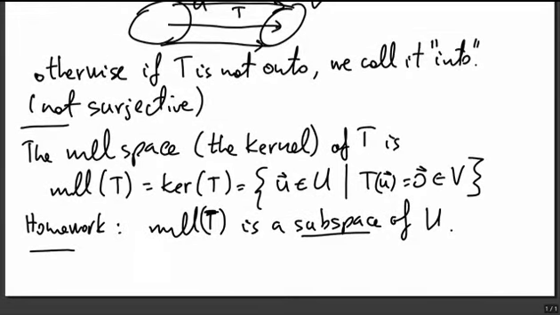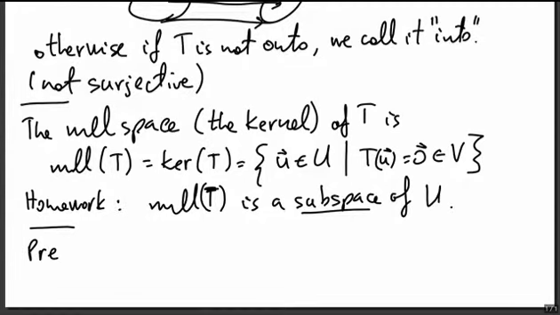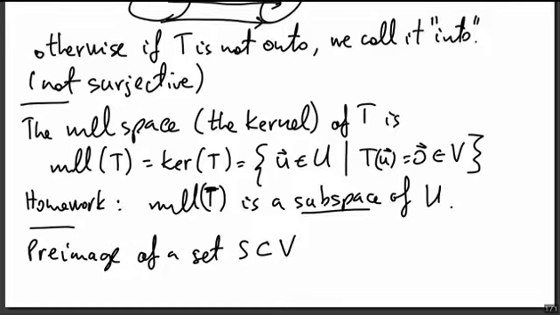Sometimes it is also useful to use the so-called pre-image concept. Pre-image of a set S in the codomain. Sometimes it's denoted with this inverse notation, even without defining what the inverse is.